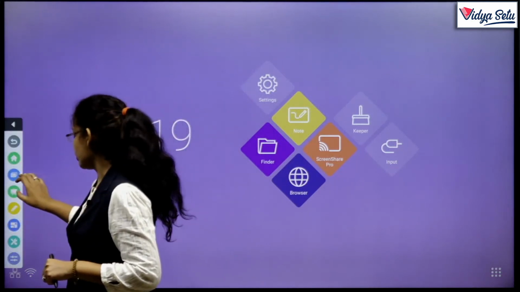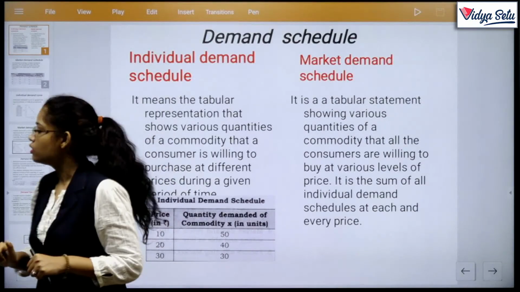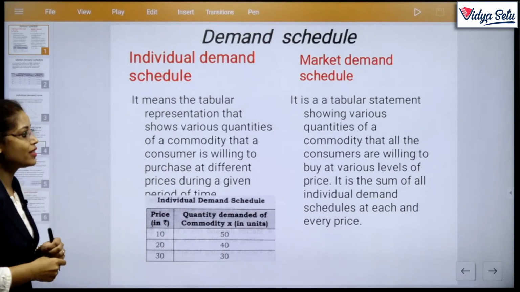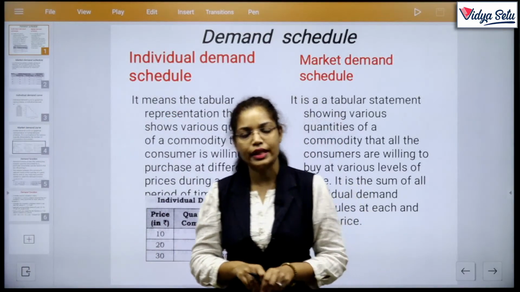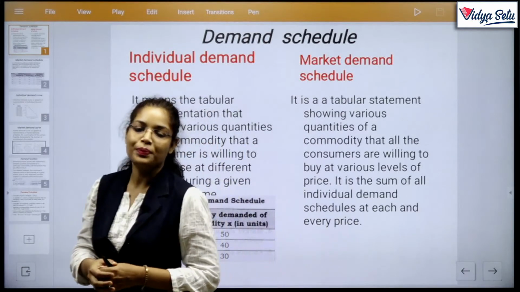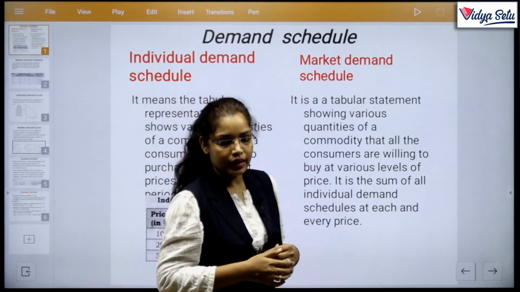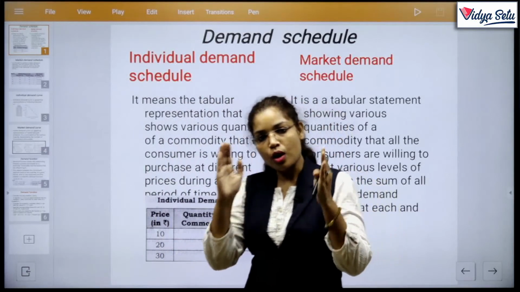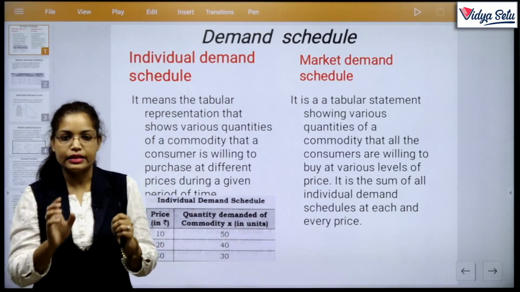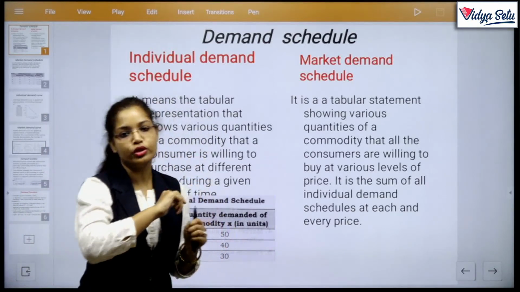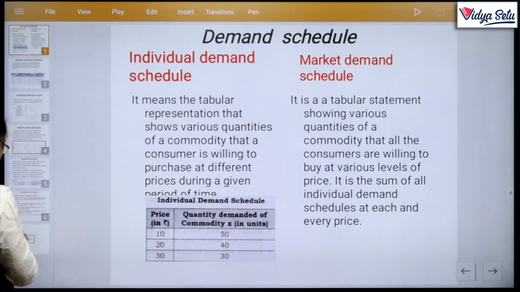In our previous lecture, we already discussed the meaning of demand. So here we discuss the demand schedule. What is meant by demand schedule? Demand schedule is a tabular representation of price and demand. If we form a table of price and demand, then it is collectively called a demand schedule.